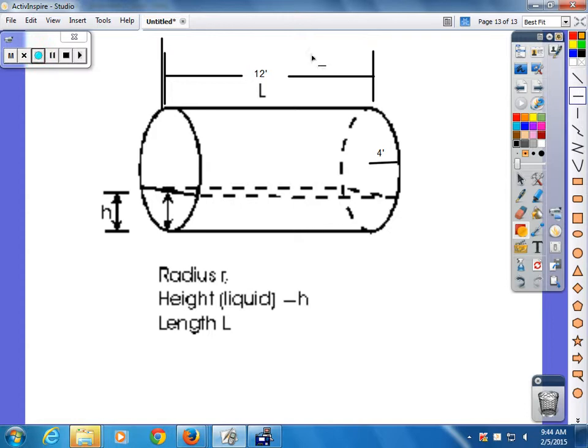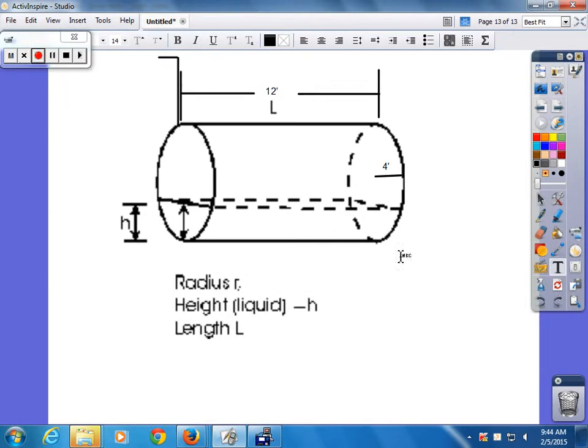I'm trying to draw it so y'all can understand what's going on. There's the pipe going out. That pipe is 10 foot.